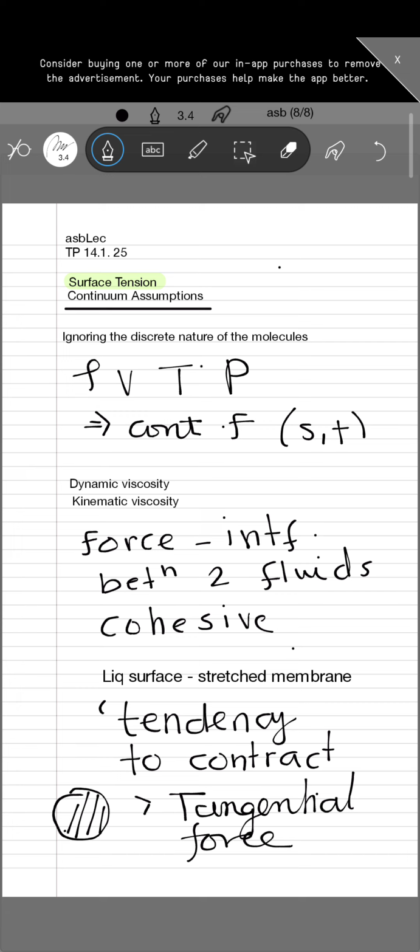This tangential force per unit length, let's call it F, is actually what we know as the surface tension.